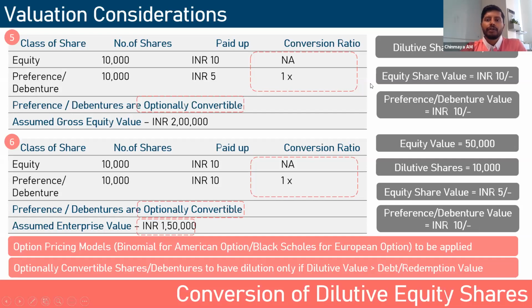But in the top case, since the value itself is more than what he can get by redeeming, or equivalent to that, in whichever way the value would be the same. So no need to adopt any other mechanism. The value would be equal to the plain vanilla valuation we do. And in the second case also, no need to do any further calculation, because redemption itself would be ideal.